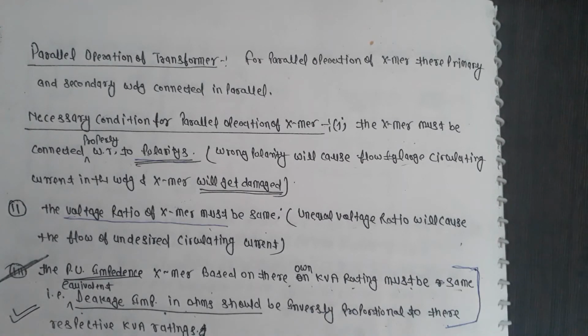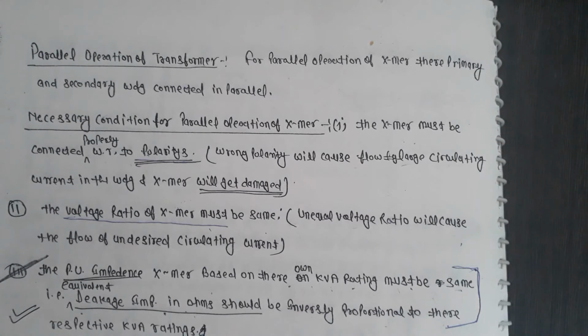Second, the voltage ratio of the transformers must be the same. If we have two or more transformers that we connect in parallel operation, we must see that the voltage ratio of each transformer is the same.